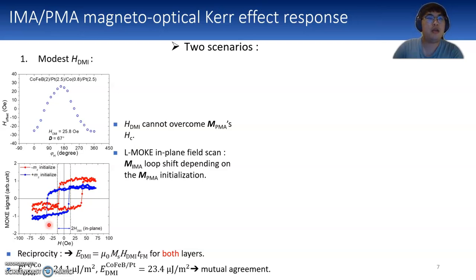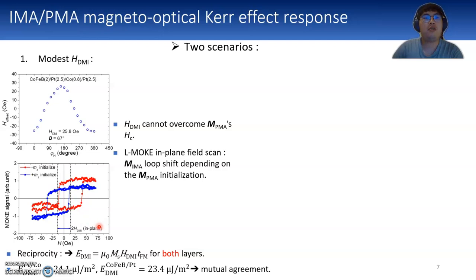We can see that in these L-mode field scan measurements, the IMA hysteresis loops are significantly shifted to either side, depending on the initialization. And this shows the effective field exerted on the IMA's antisymmetric origin.